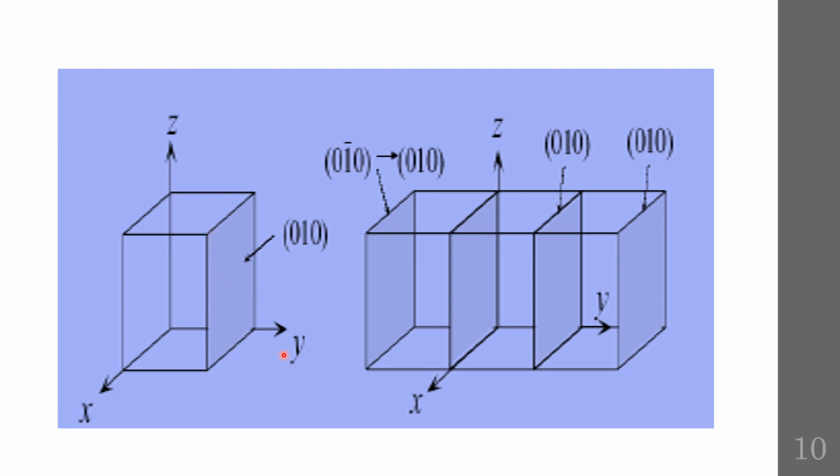Suppose the plane cuts the negative y-axis. This is a positive y-axis and this indicates a negative y-axis. So if the plane cuts the negative y-axis at this point, then the Miller index is indicated by 1 bar. So this is the 0, 1 bar, 0 plane.